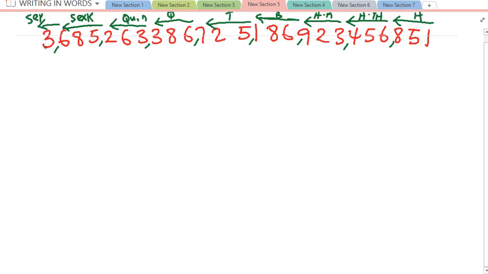So this becomes 3 septillion, 685 sextillion, 263 quintillion, 386 quadrillion, 725 trillion, 186 billion, 923 million, 456,851. So that's just simple.